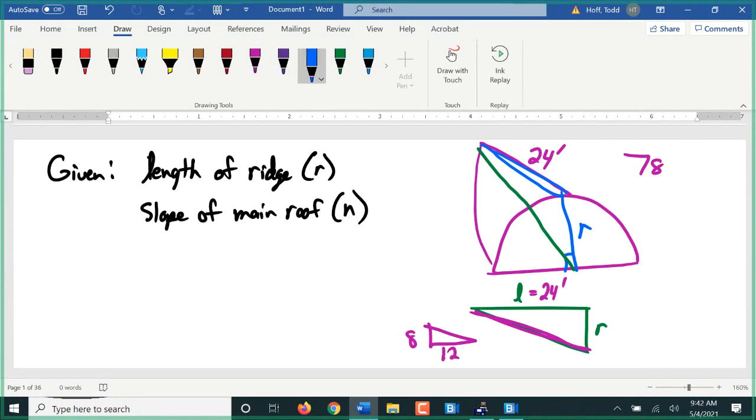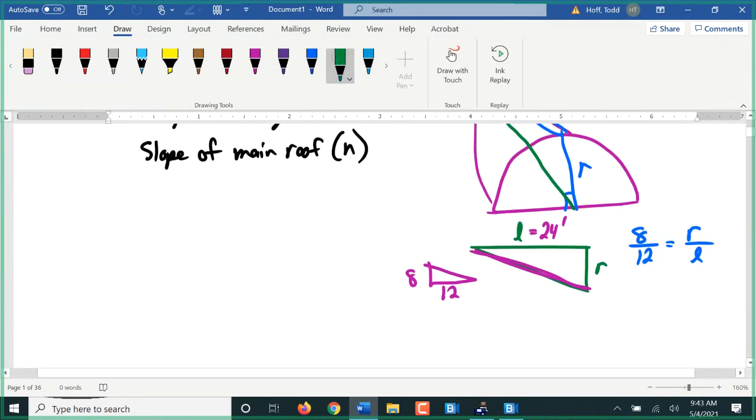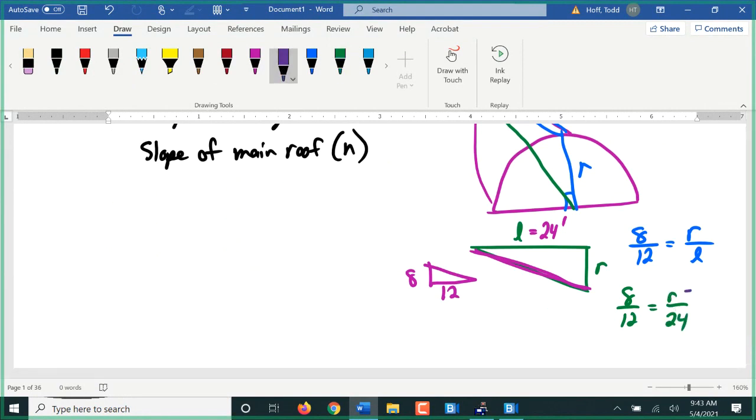So I can use a proportion to find R. 8 over 12, the slope of my roof, is equal to R, that radius, over L, the length of my ridge. So for this example, 8 over 12 equals R over 24. That tells us the radius in this case would have to be 16 feet.